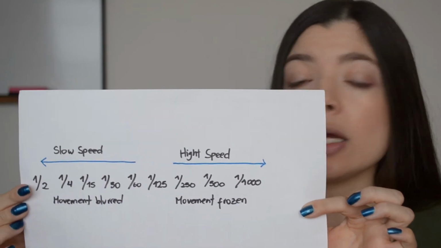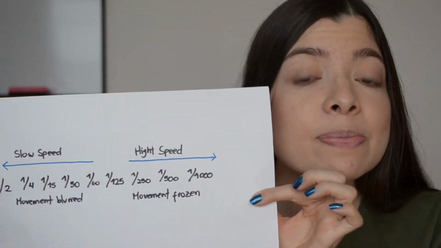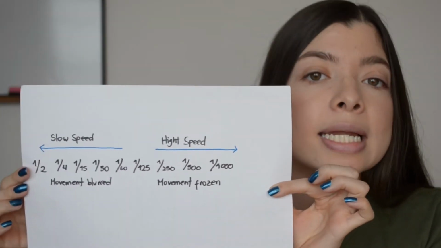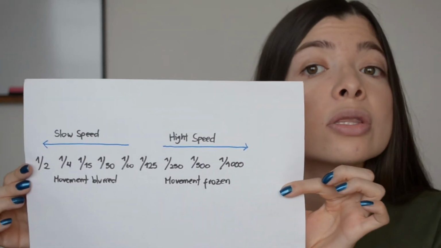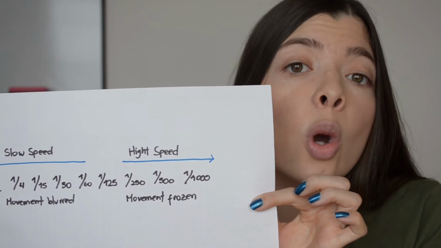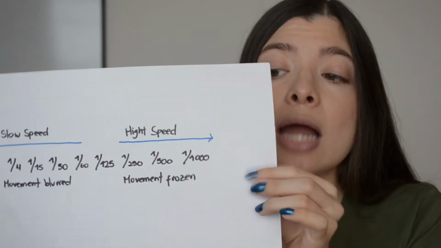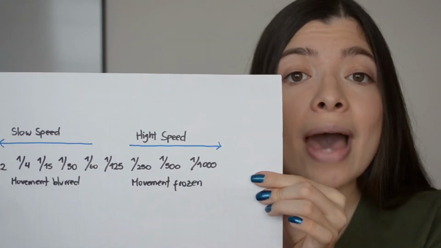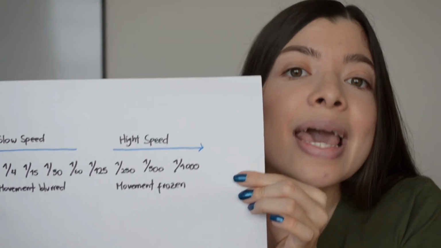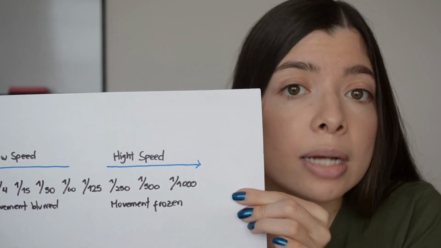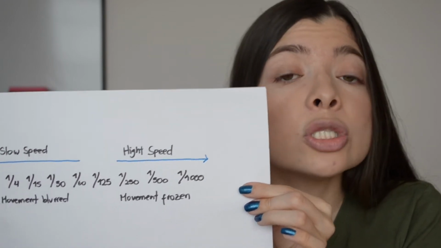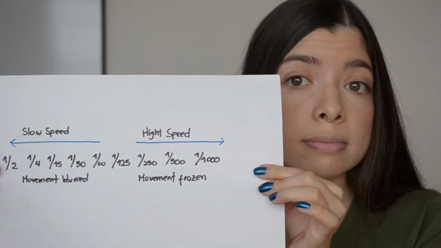On this side, with a slow speed, more light is going to be inside the camera, so the movements in the pictures are going to be blurred, and on the other side, with a high speed, less light is going to be inside the camera, so the movements are going to be frozen.